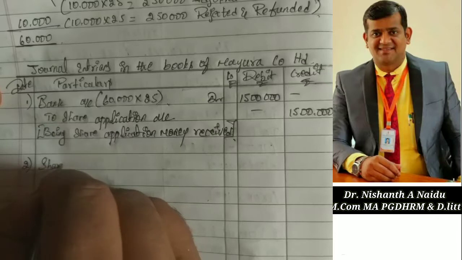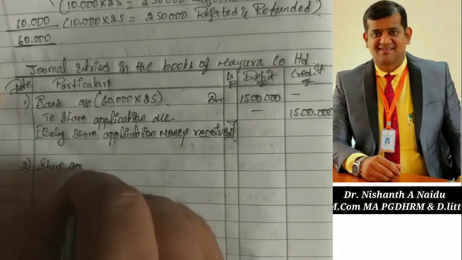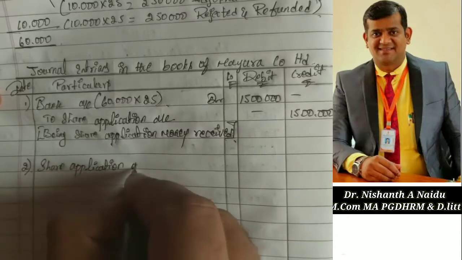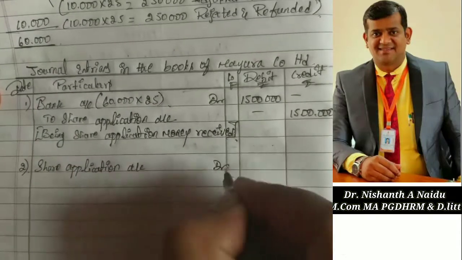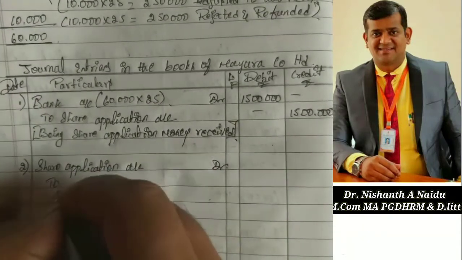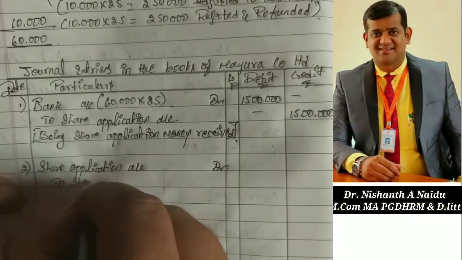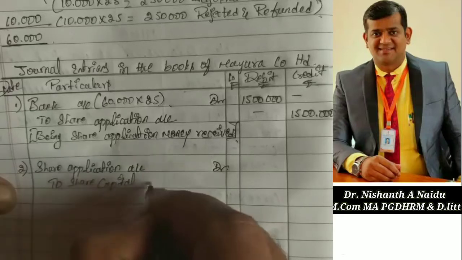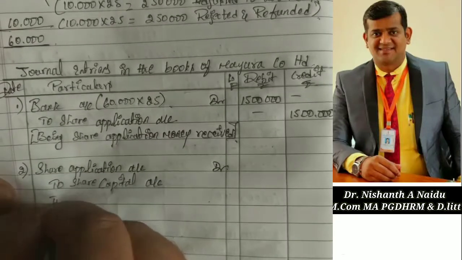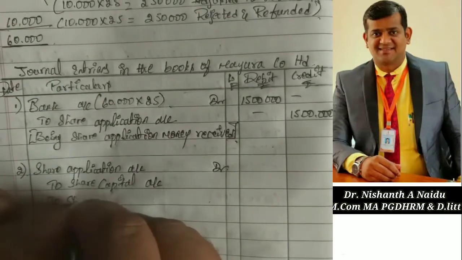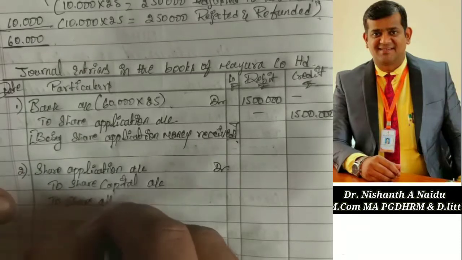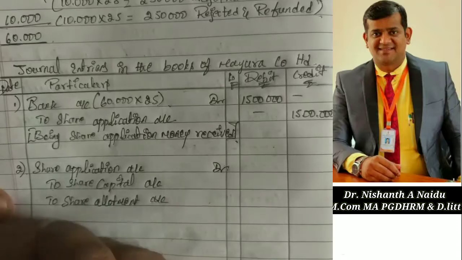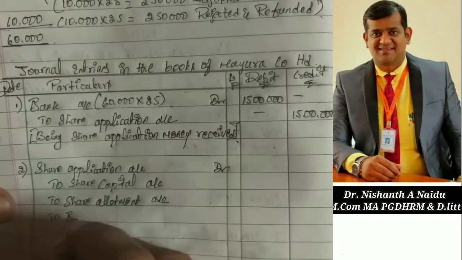So the transfer entry is share application account debtor to share capital account, to share allotment account, to bank account.